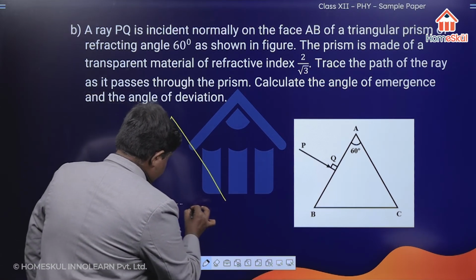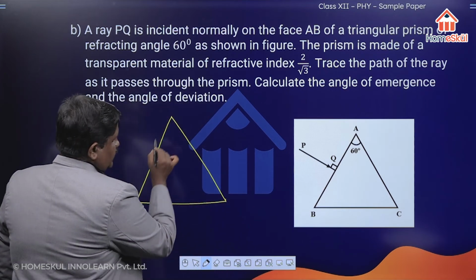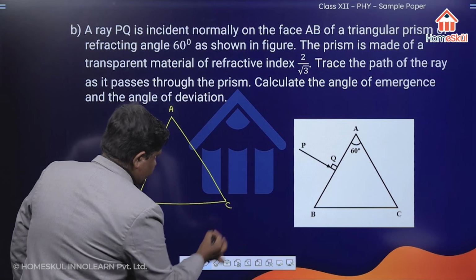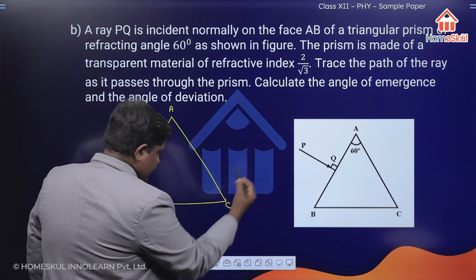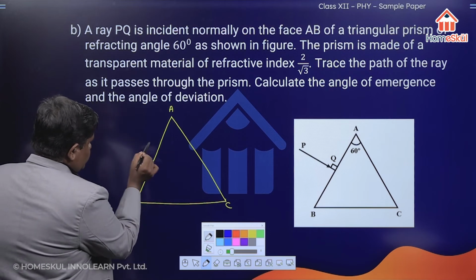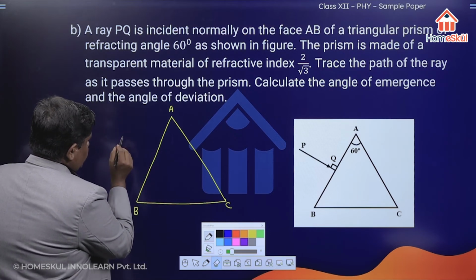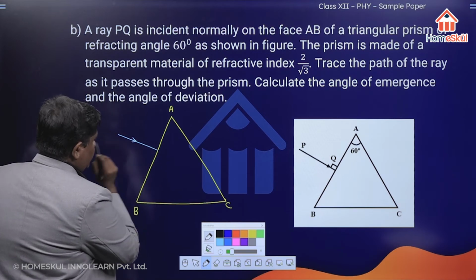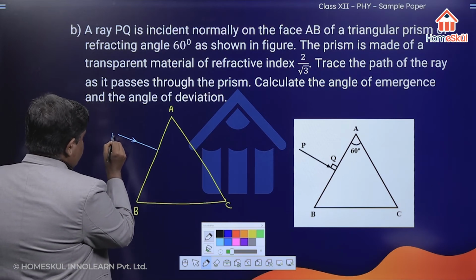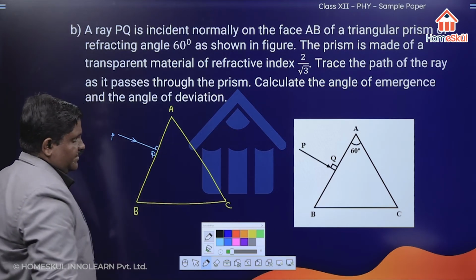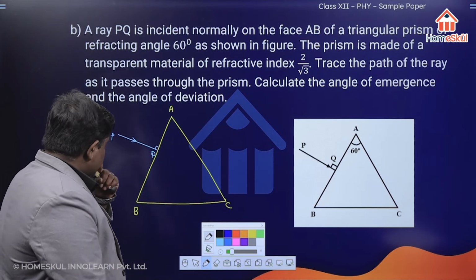This is our prism, that is A, B and C. Now a ray PQ is incident normally on the prism, so let us consider this is the ray. I mark this ray as PQ. It makes an angle of 90 degree, normally.